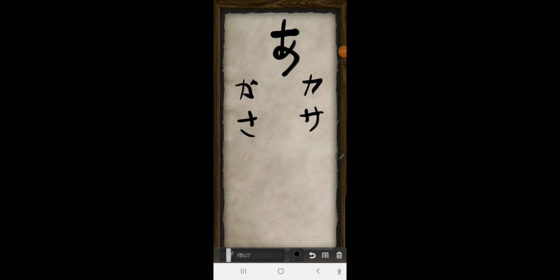Then we have Ta in Hiragana, and then Ta in Katakana, and then we have Na in Hiragana, Na in Katakana, and then comes Ha, and in Katakana it's Ha.